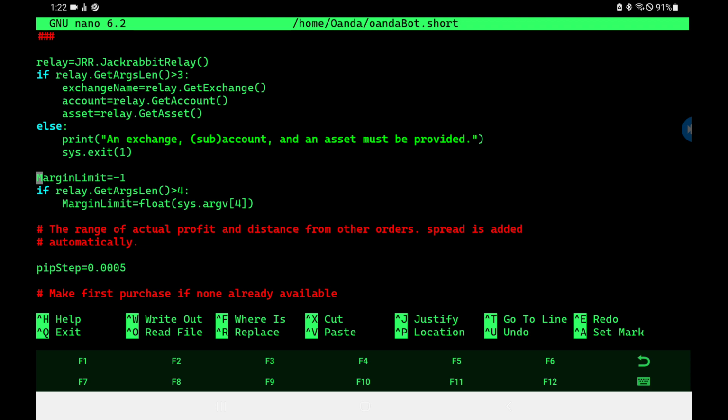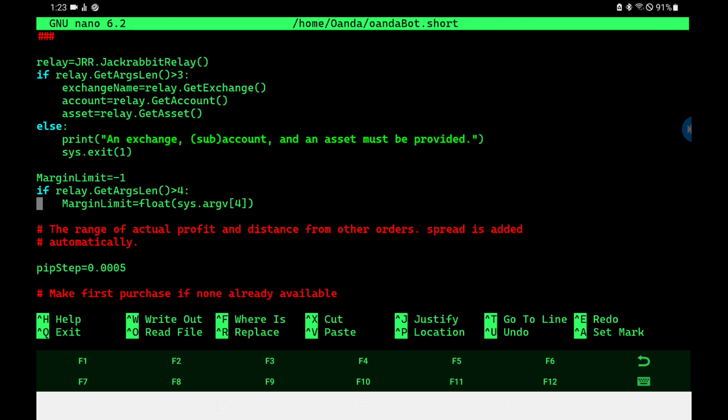Now, for this particular program, I added one additional element. I added a margin limit. With Oanda, everything is margin based. So having the margin limit is a way of making sure we control just how much we consume.